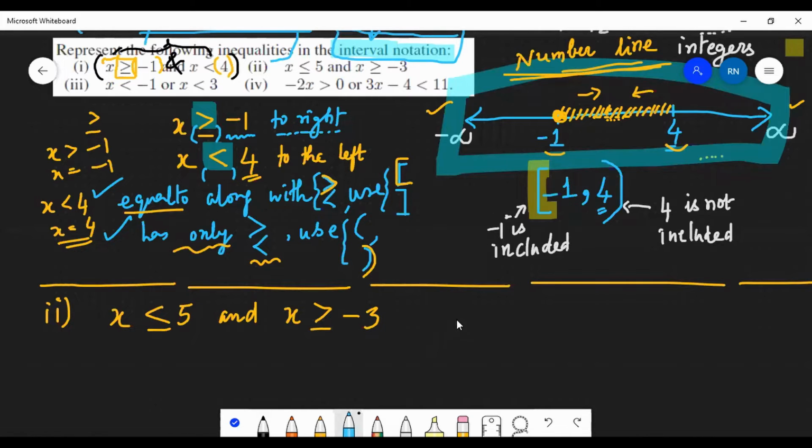As we understood, we draw a number line from minus infinity to infinity, and go immediately to the right-hand side. What are the numbers on the right-hand side?